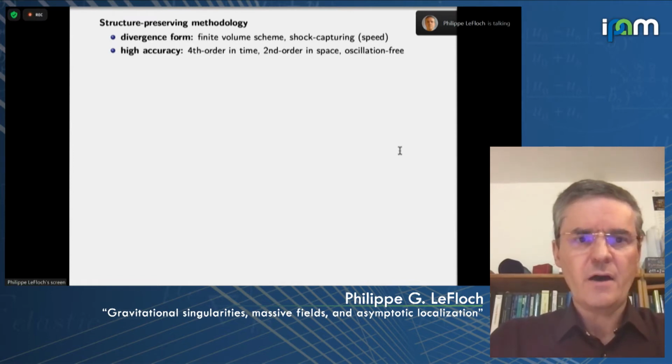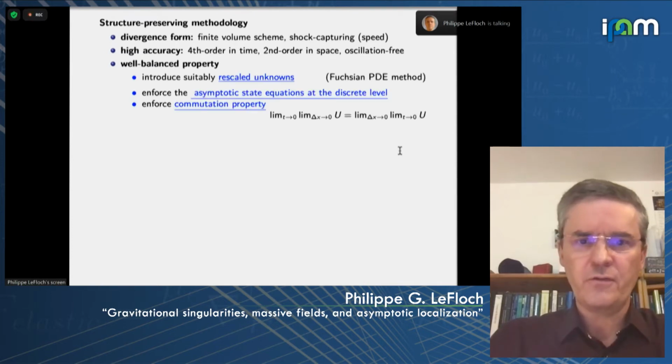With a high accuracy scheme, fourth order in time, second order in space, you make sure that you don't introduce additional oscillation from the discretization itself.